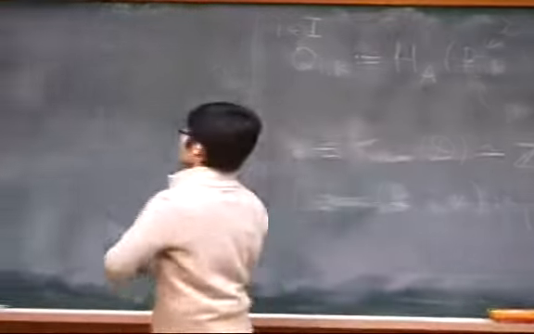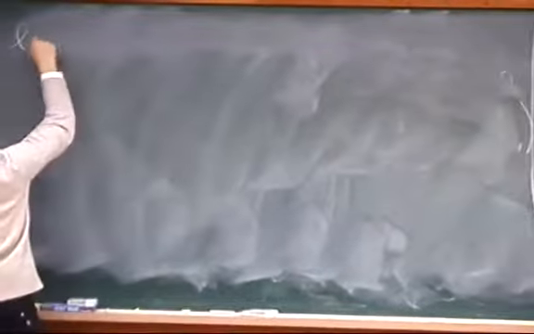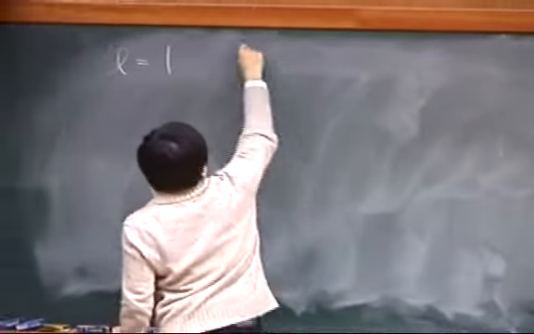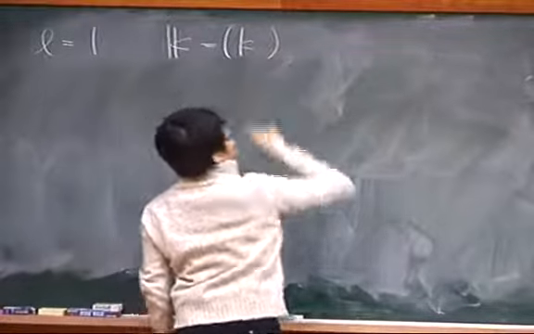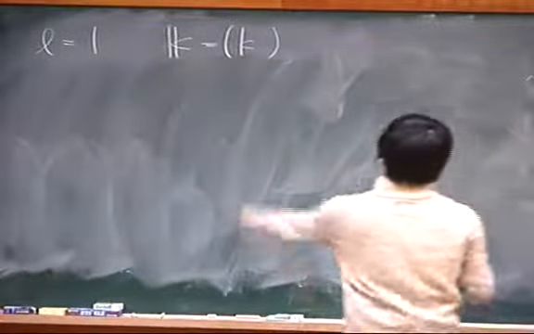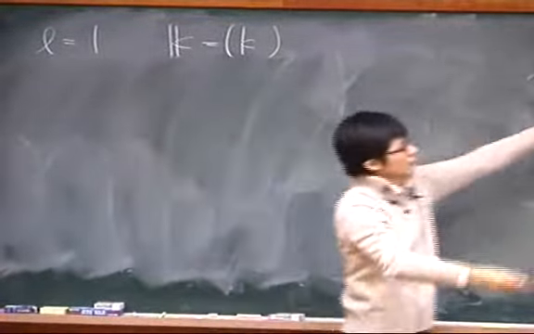And if we take L equal to 1, I mean the sequence is just a length 1 sequence, so L is the length of this sequence.